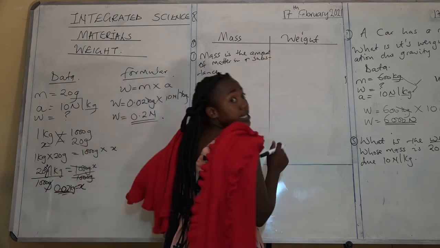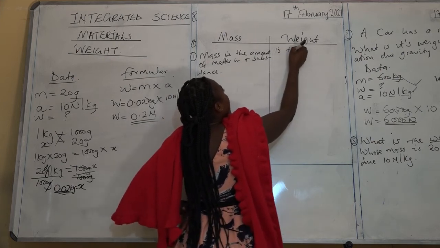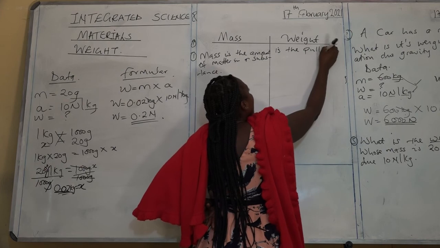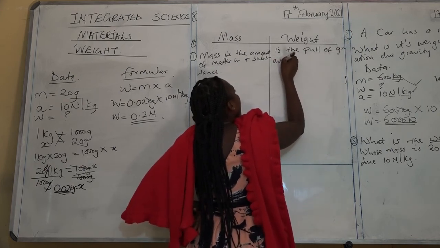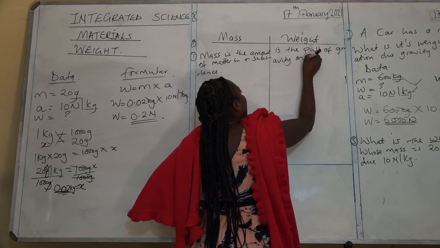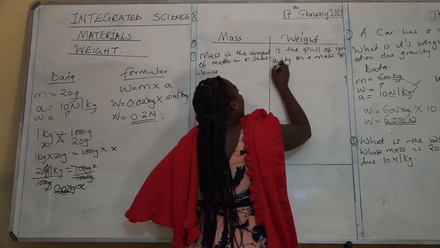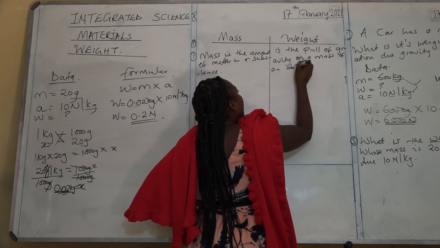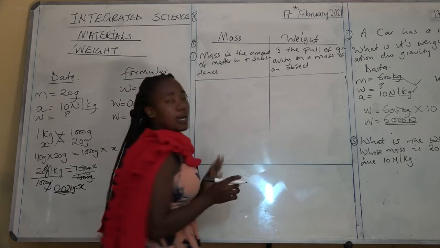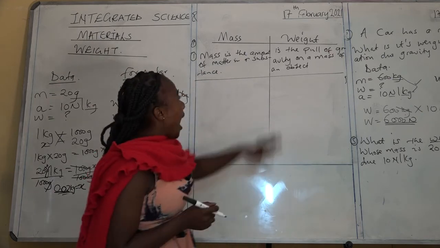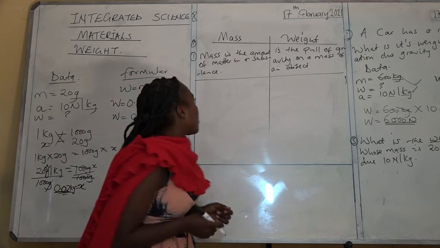Then weight is the pull of gravity on a mass of an object. So that's the first difference. Mass is the amount of matter in a substance, and weight is the pull of gravity on a mass of an object.